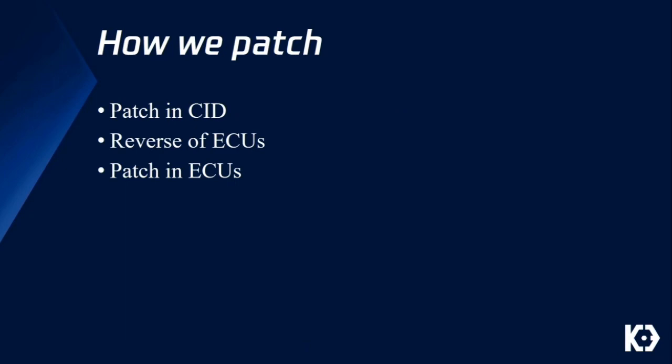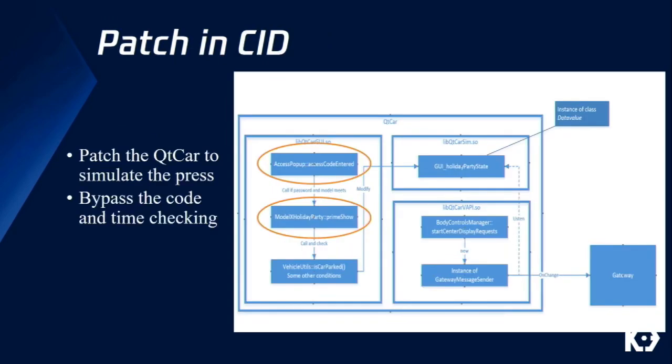Now talking about how we do the patch. First we should patch the CID, and then we should reverse the ECUs, and then I will talk about how we patch the ECUs. In the CID, Tesla uses Qt core, and in Qt core, it will do some checks. The first check is about the time. It will make sure the time is after Christmas Day, and it will also check the passcode.